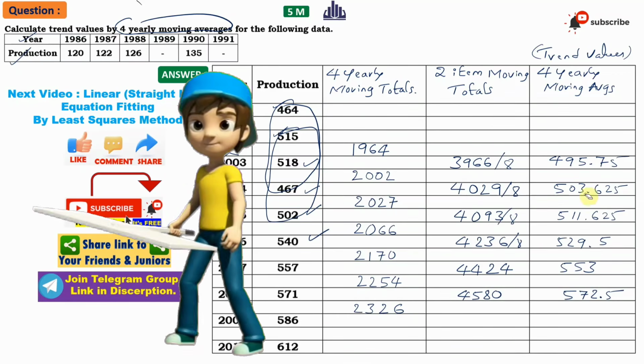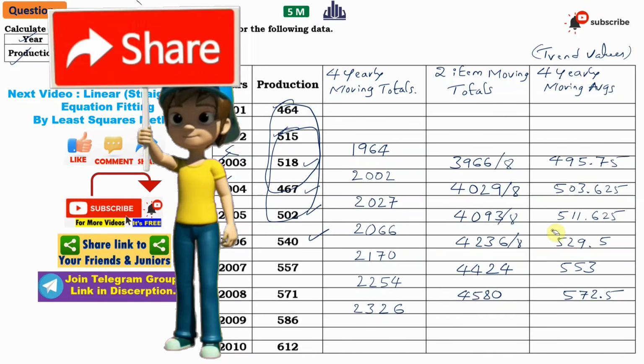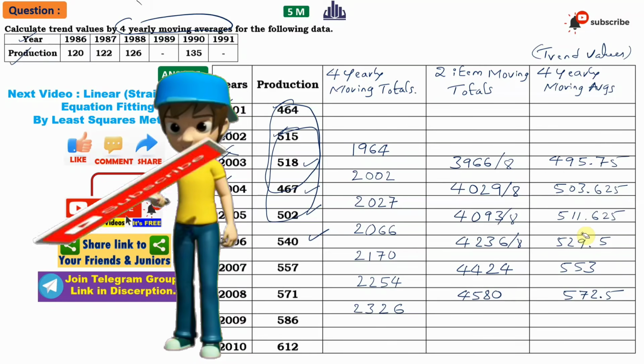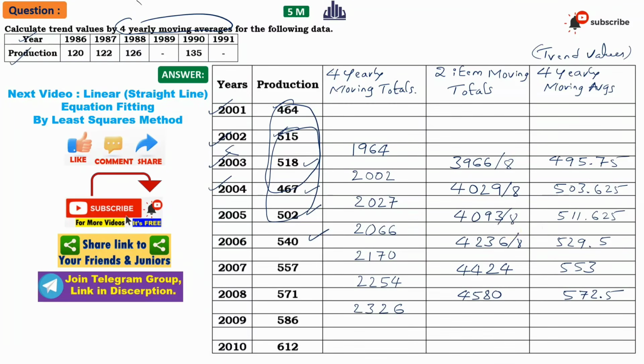Okay, now 4 yearly moving averages or trend values, when we have calculated, we have to see whether they are increasing, decreasing or oscillatory. Accordingly, the interpretation or the conclusion has to be written. Now 495, after that 503, it got increased, 511, 529, 553, 572.